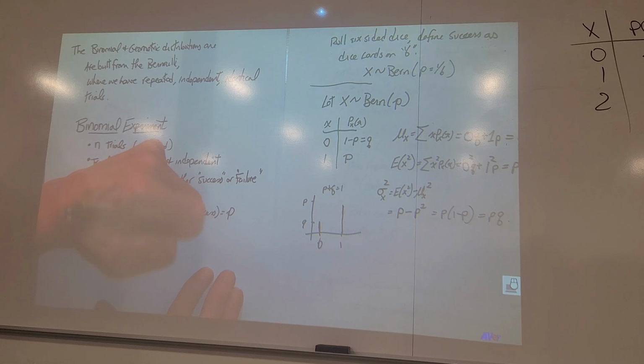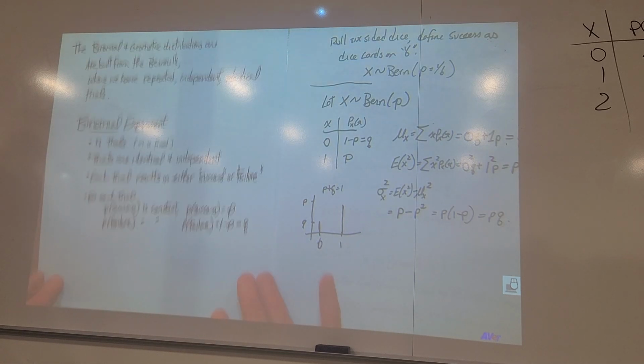The probability of a failure is 1 minus P, often denoted as Q for shorthand.